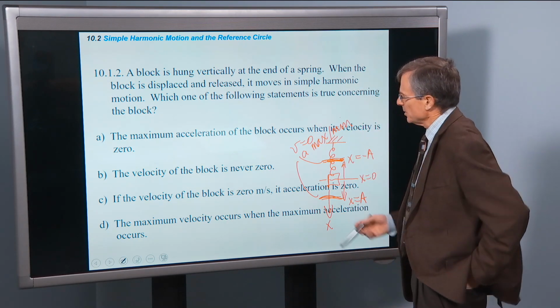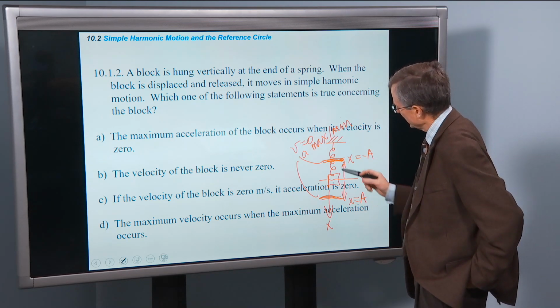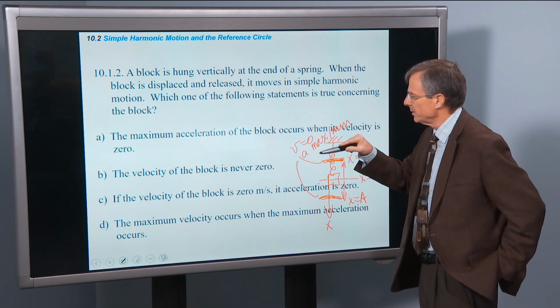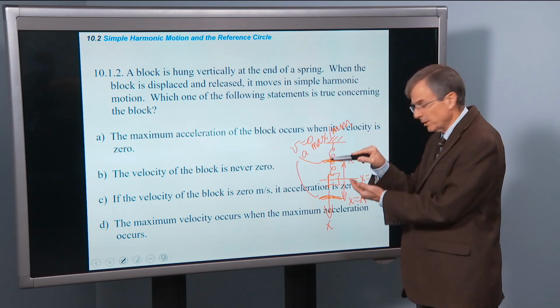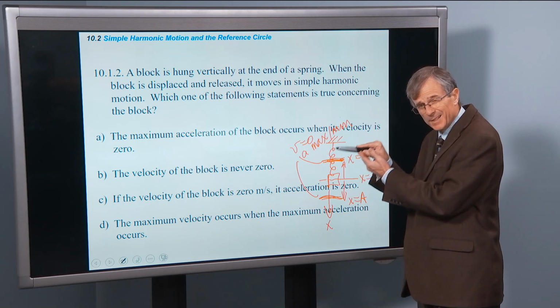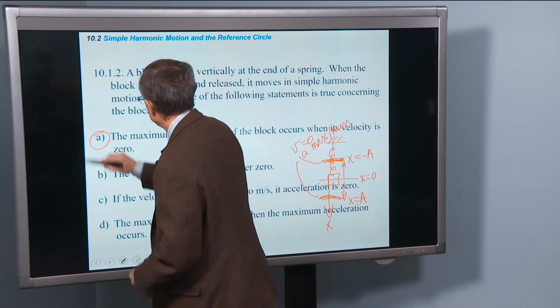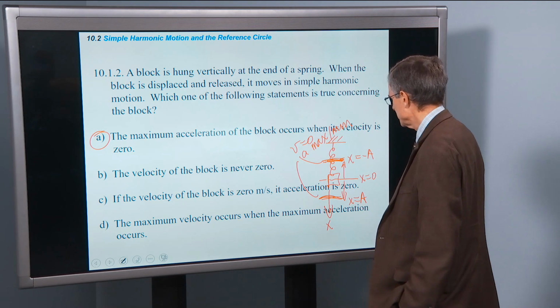All right, so the maximum acceleration of the block occurs when its velocity is 0. Well, that's true. When it reaches the top, its velocity is going to be 0, but it's going to be stretching that spring, or compressing in this case, the spring a lot, pushing down on it a lot, and the acceleration will be a maximum. So that's true.